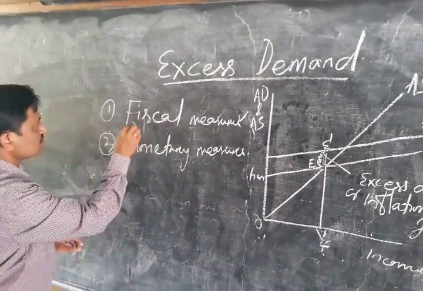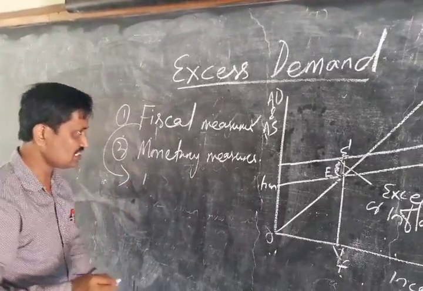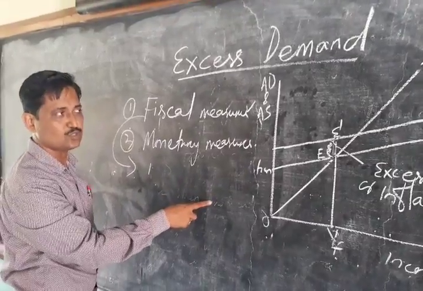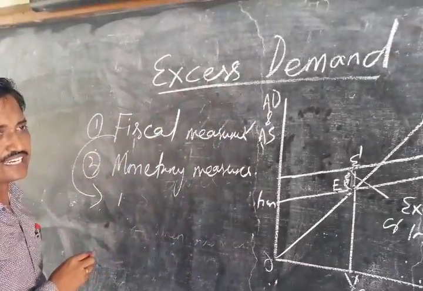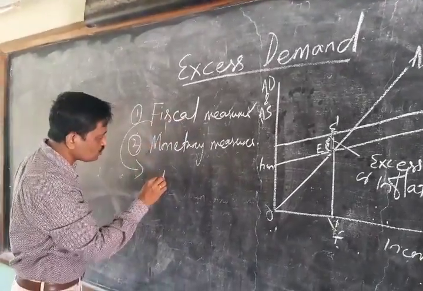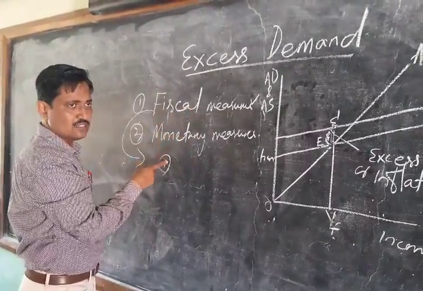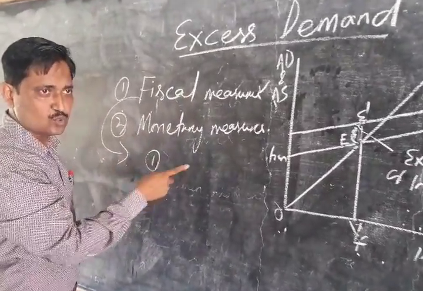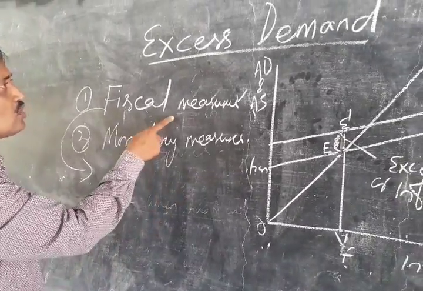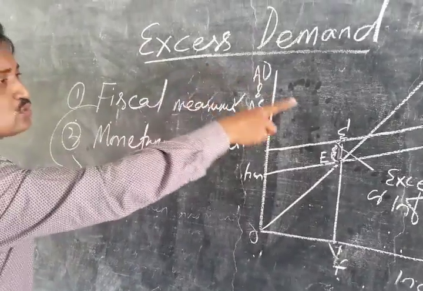So fiscal measures, let us talk about the fiscal measures. This is relating to the policy of the government to adjust its income and expenditure to control the aggregate excess demand situations, right? As we have explained, fiscal measures are the measures taken by the government to adjust the revenue and expenditure to control the situation of excess demand, and our aim is to reduce the aggregate demand.